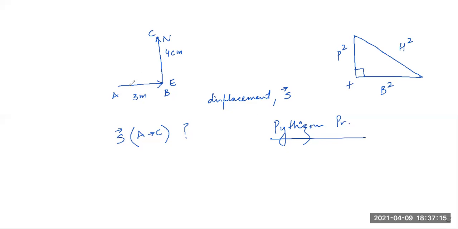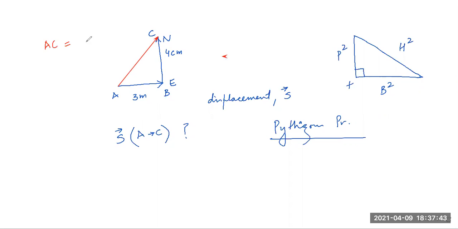So students, now this person's displacement will be the linear distance between his initial position A and final position C. At the end of the path, he is at C. At the start of the path, he is at A. So AC can be easily calculated.